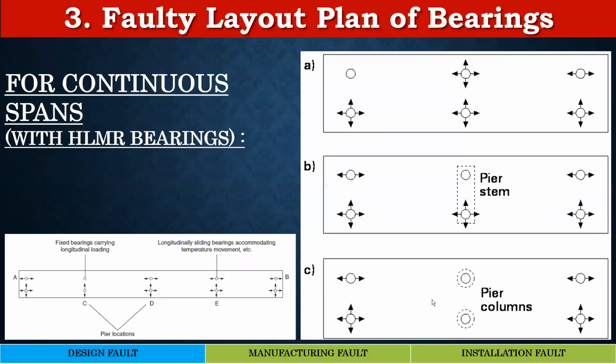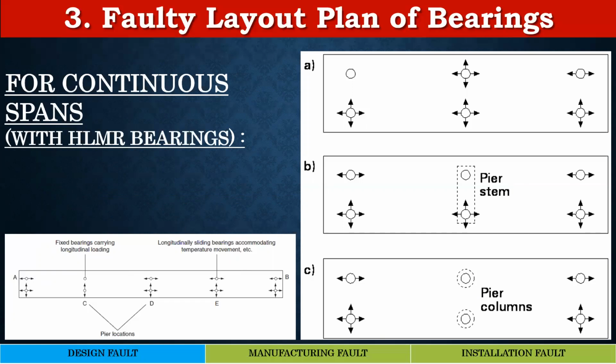Let us take examples of a few continuous spans with high load multi-rotational bearings, and you can see that the fixed line of bearing can be placed either at one end or else at one of the middle piers. I mean, the choice is that of the designer. Arrangement of all other bearings depends upon the location of the fixed pier.